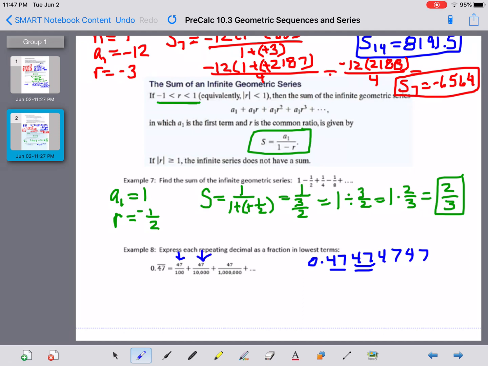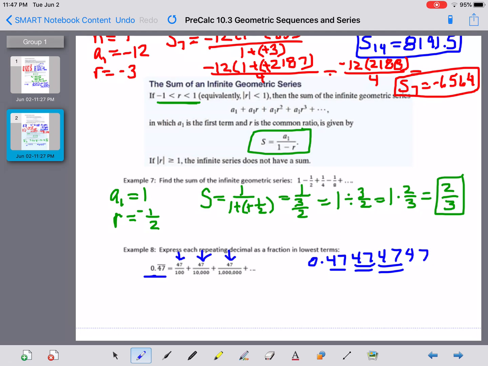My next 47, if you think of the place values, is over the millionths place, and we could keep going. So this decimal can be written as fractions being added on each time as you keep going out to more and more places. Once again, this is a summation.